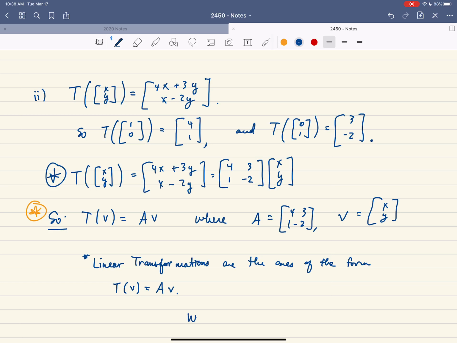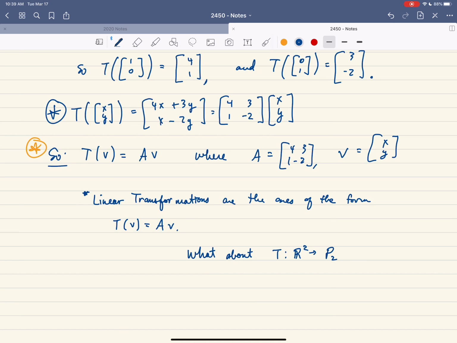So what about mapping R2 to, say, P2? I need to be a little bit careful here. But it turns out that what I've said is essentially true, you just have to clarify how this is the same. We'll go through and talk about this in detail. But it's not clear how you would go from R2 to P2 just using a matrix.